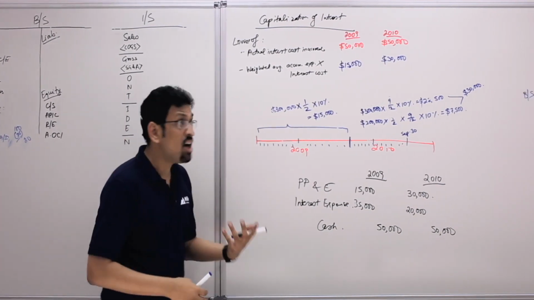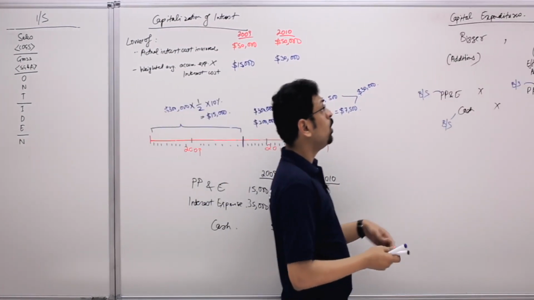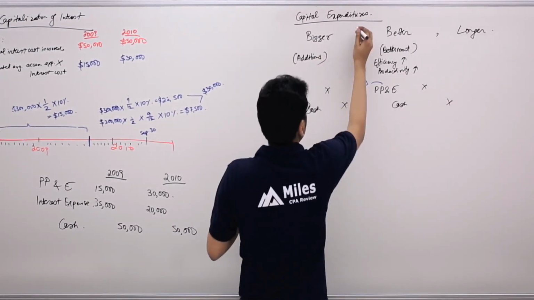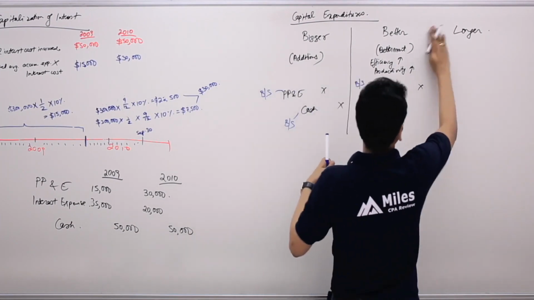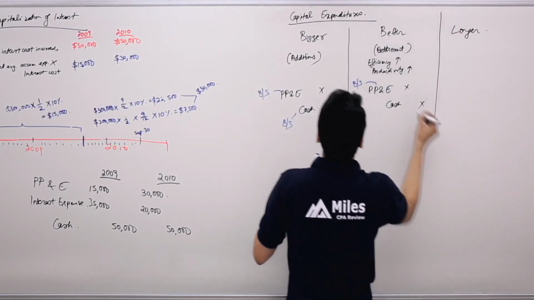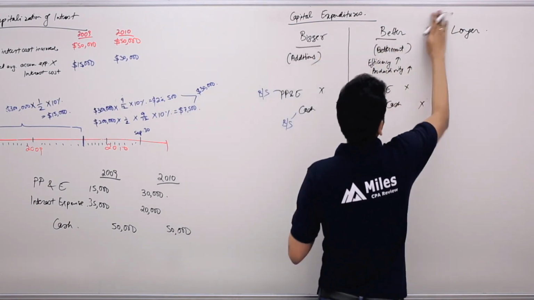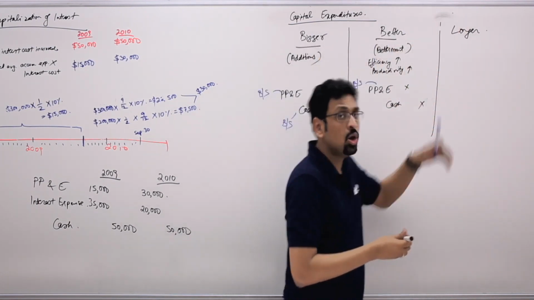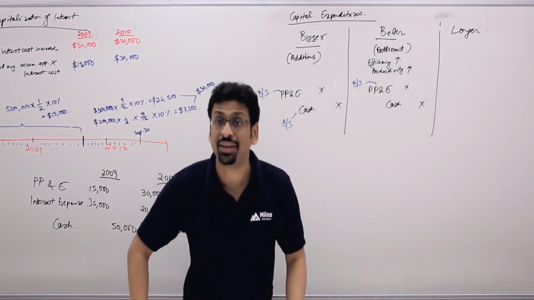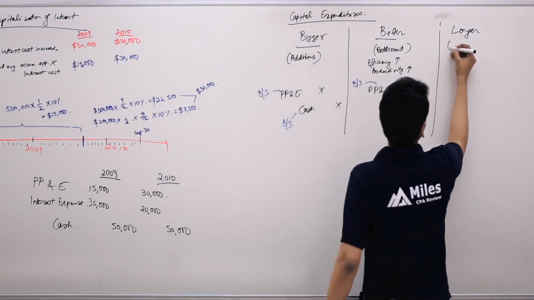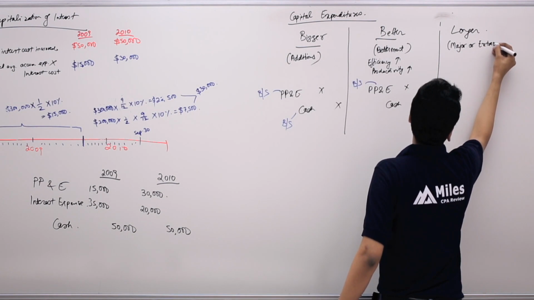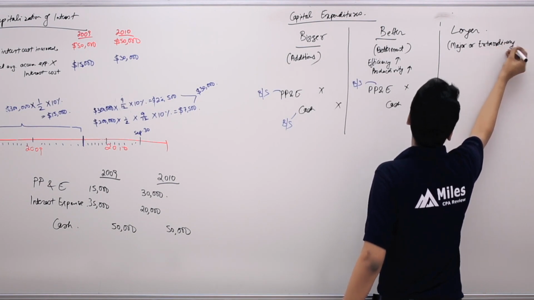Now, if we have a capital expenditure which makes the asset longer, so we're looking at bigger, better, and now we're looking at longer. So if we have a capital expense which makes our asset longer, basically which increases the useful life of the asset, this could be a major or extraordinary repair.